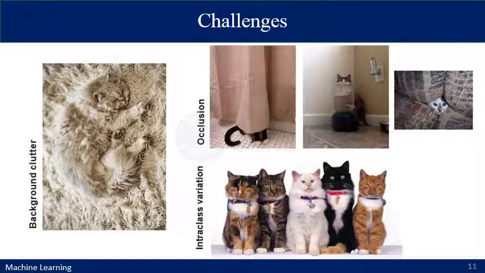Additional challenges also include the background clutter. For example, your image or your classification task may resemble the background noise, or your images are occluded with some kind of other material, as in this case the cat is hidden between different elements or equipment.